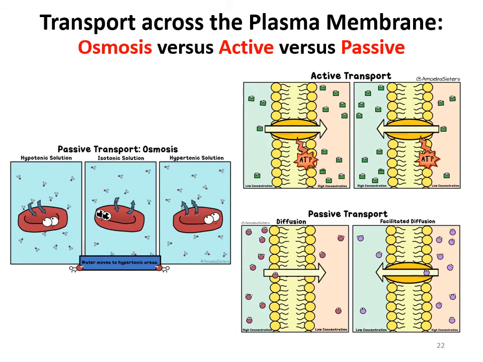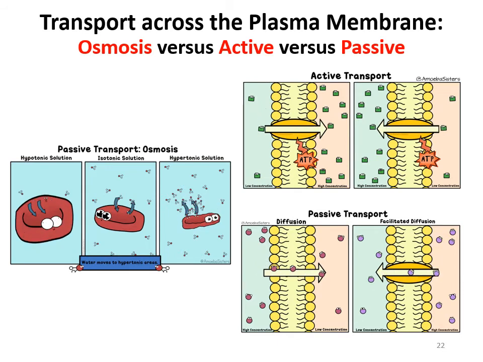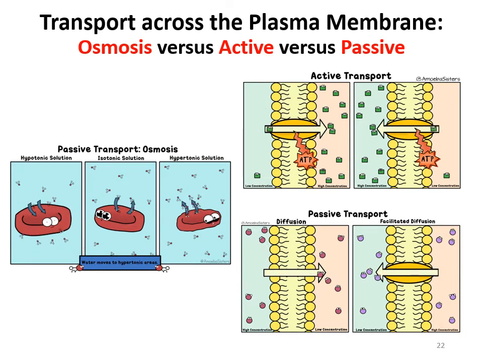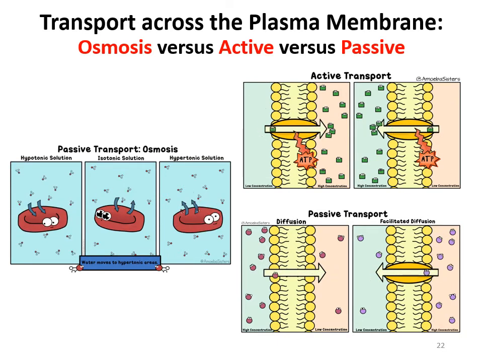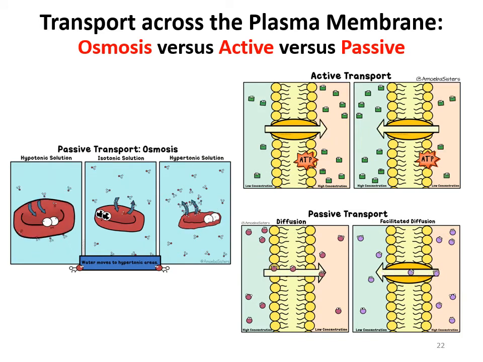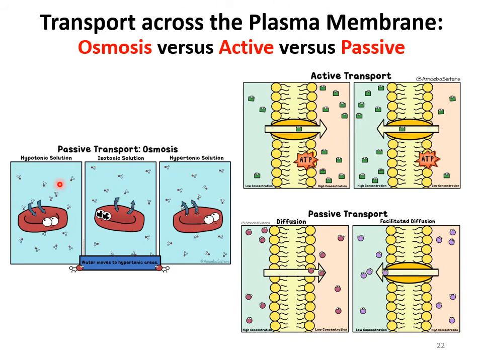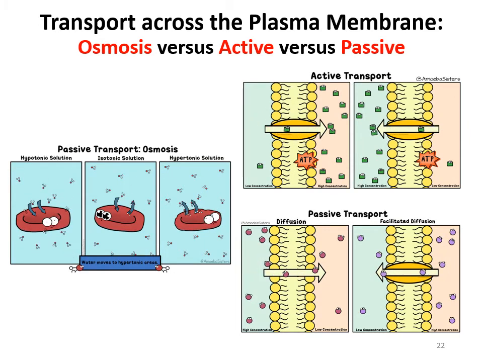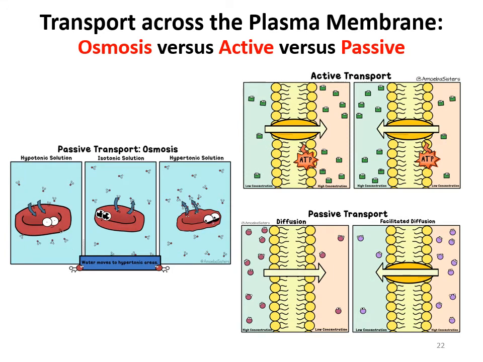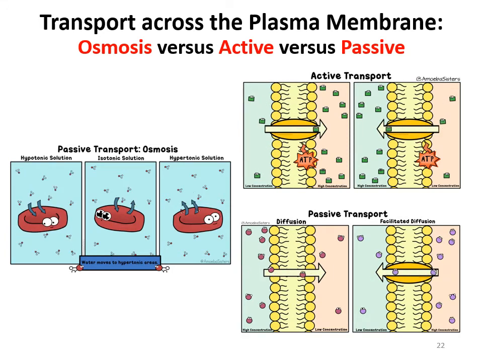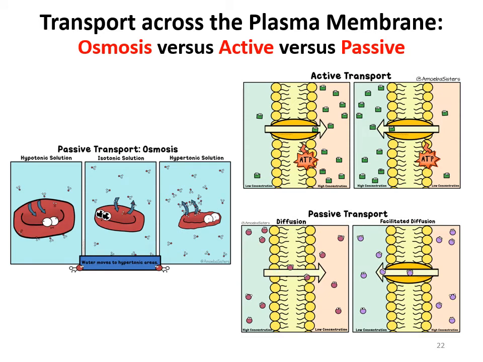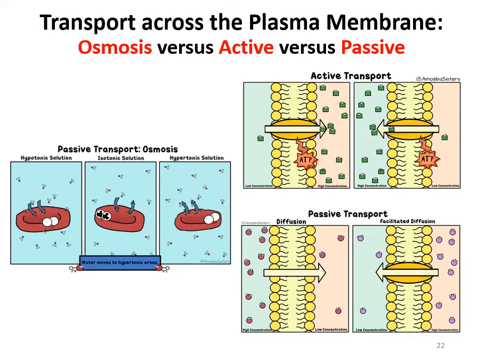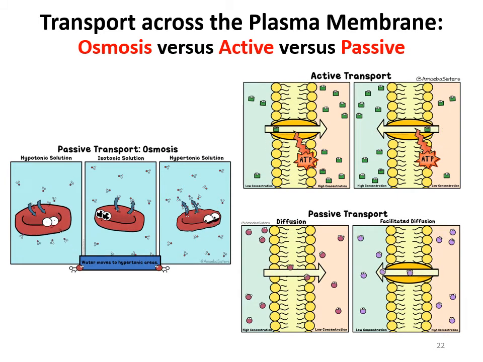When we talk about these 3 types of transport, the first one is osmosis, and I like this little figure here for osmosis. It demonstrates that osmosis is the movement of water. When the water is moving, it goes from low solute to high solute, which is a fancy way of saying from high water to low water.